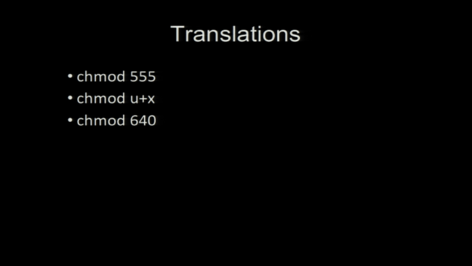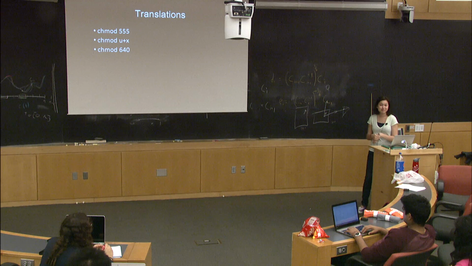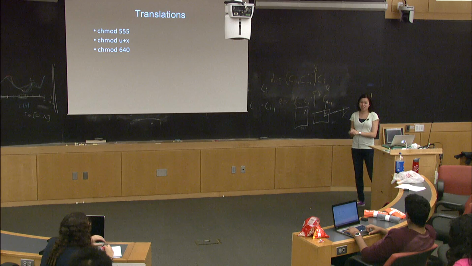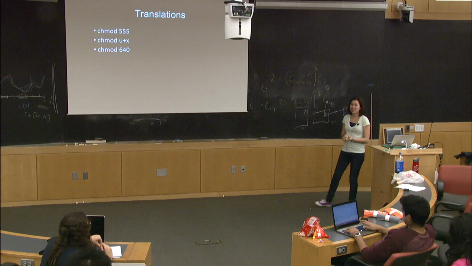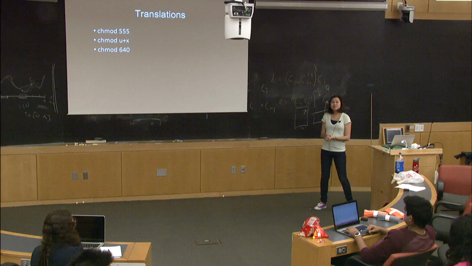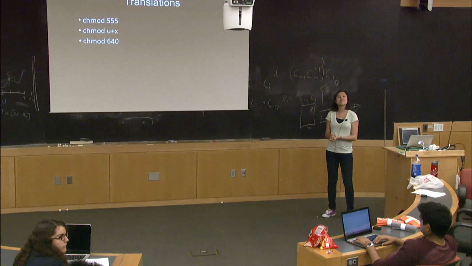Okay, so chmod 555. What's another way we could write that? Any ideas? Yes? a plus rx. Do you want to explain why it would be rx? Because you have 5, so that's 4 plus 1. So it's read plus executable, and it's for all. Right.